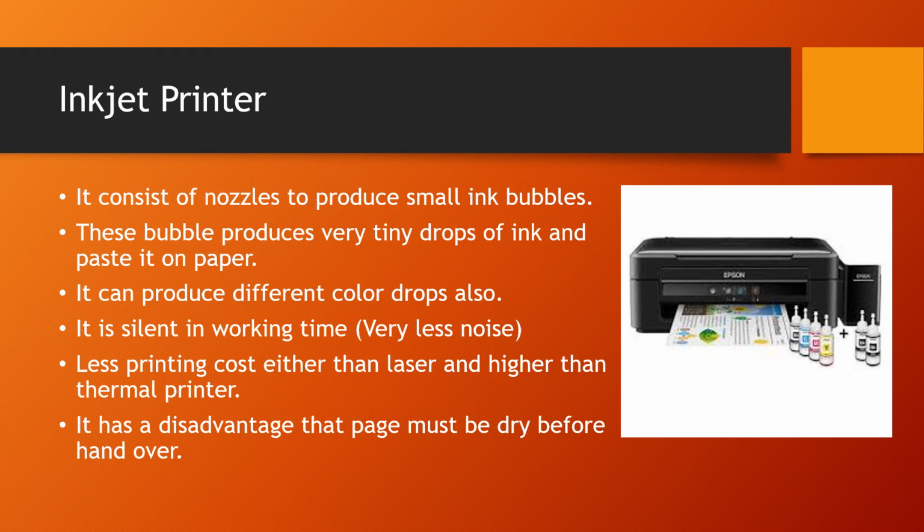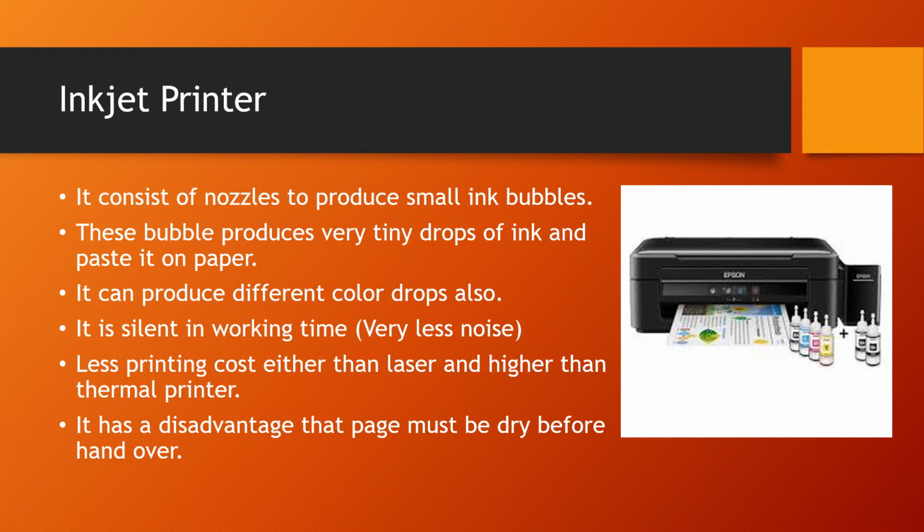Next is the inkjet printer. It consists of a nozzle to produce small ink bubbles. These bubbles produce very tiny drops of ink and paste them on the paper, and it can produce different color drops also. It means a colorful combination is also possible in the case of an inkjet printer.